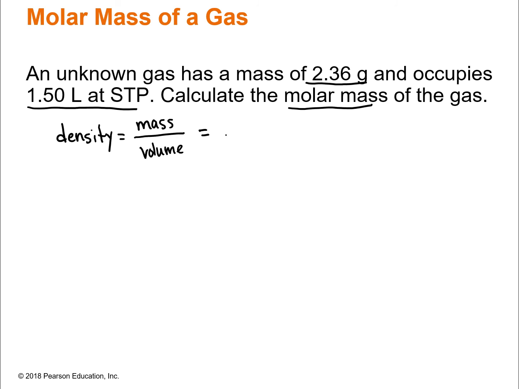If we're at STP, which it says we are, then that density that we calculate is also going to be equal to the molar mass divided by the molar volume.